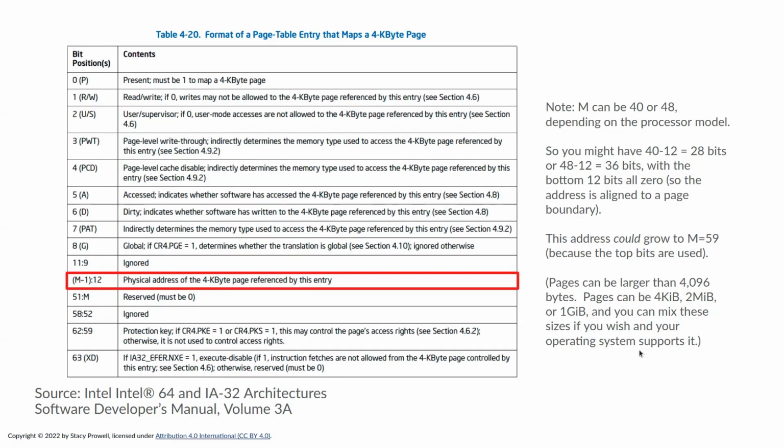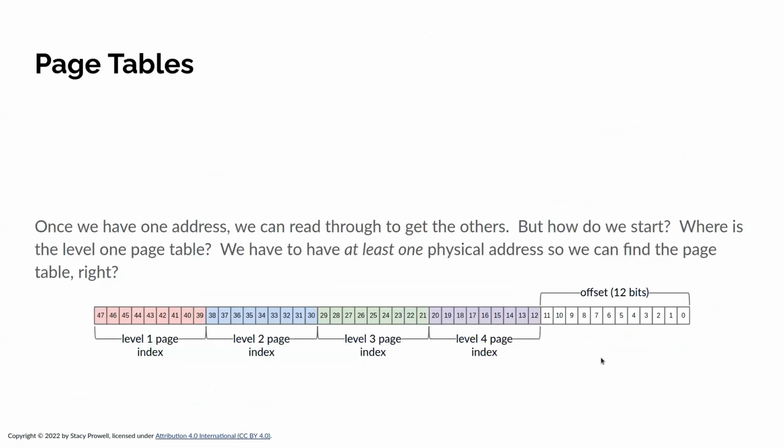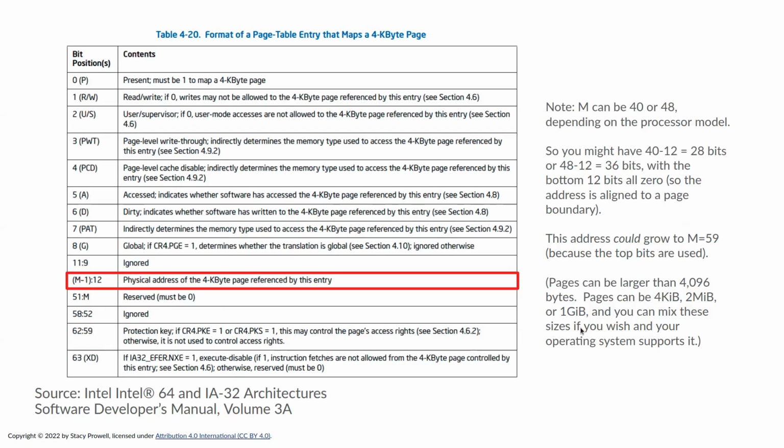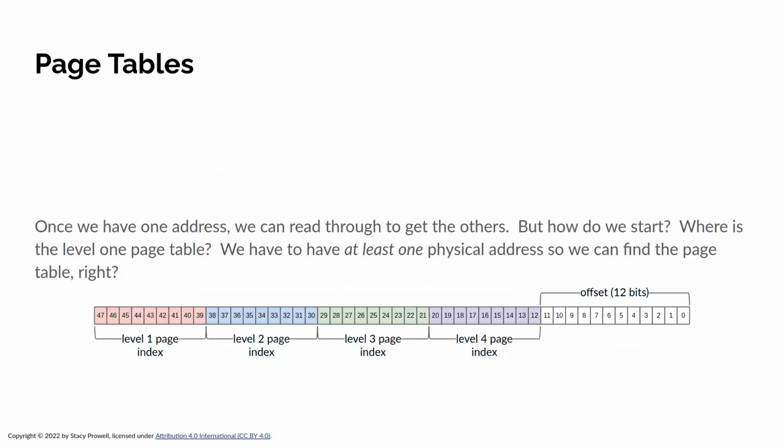Okay, so you can have weird page sizes on the x86. All right, enough of that foolishness. Let's get back to this. Clearly, if you have a gigabyte page, this isn't going to be the right thing. It works a little differently in those cases. If you want to know about that, go and read the Intel Software Development Manual.